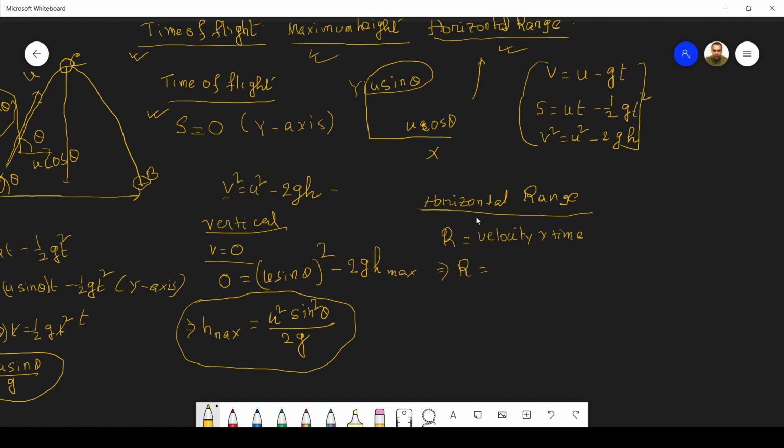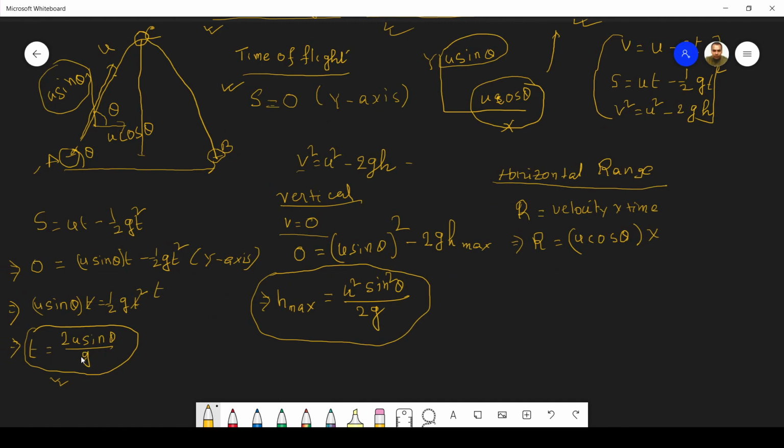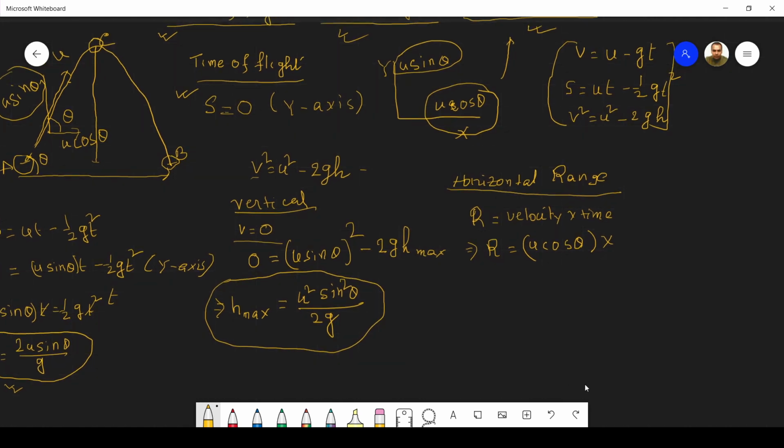We have to consider the horizontal velocity, since we are talking about horizontal range, so we write the horizontal velocity of the projectile multiplied by time. Which time do we consider? We consider the time of flight, twice u sin theta over g.